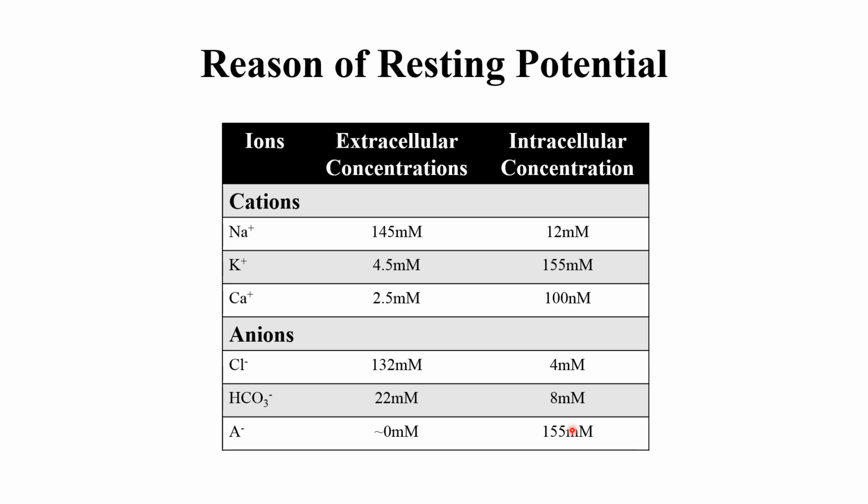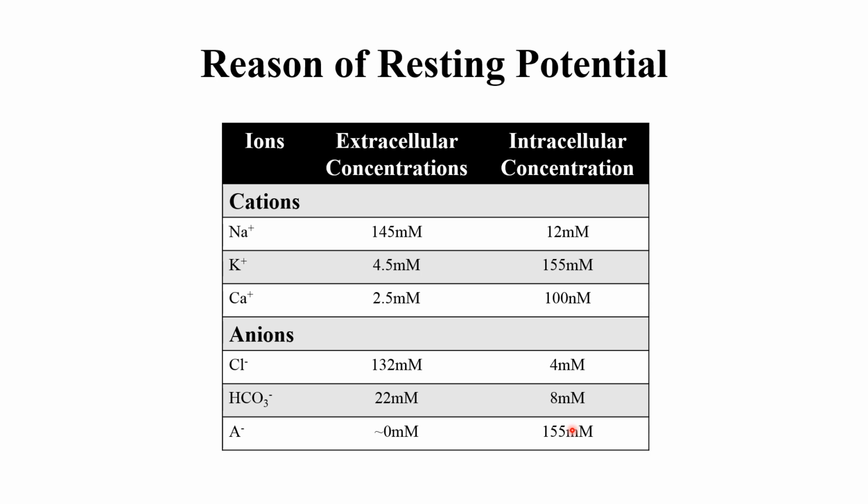So we have to keep these three ions very clear: sodium is more outside of the cell, potassium is very much concentrated inside of the cell, and calcium is always outside of the cell.